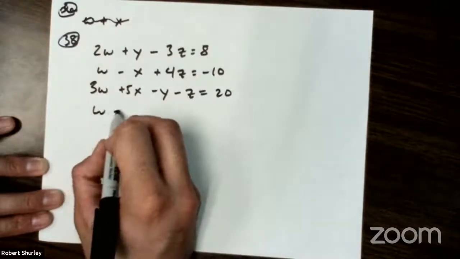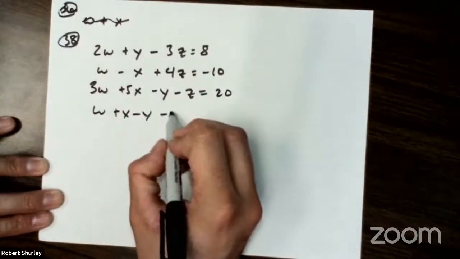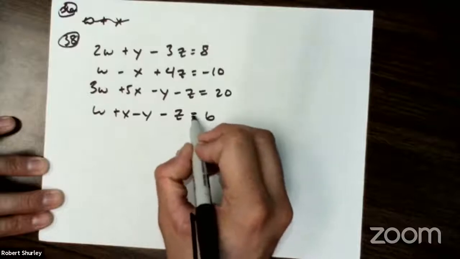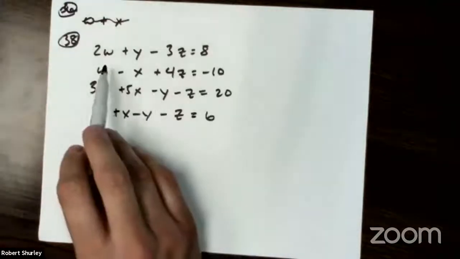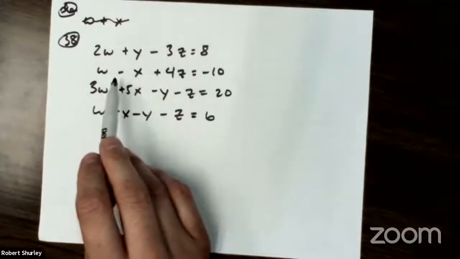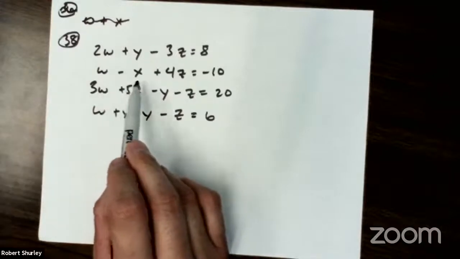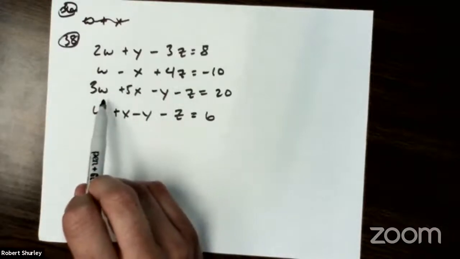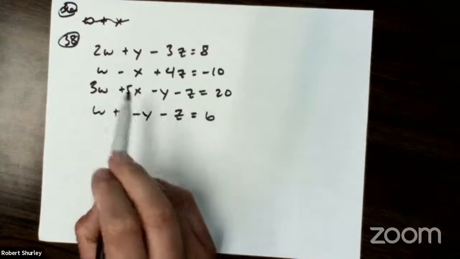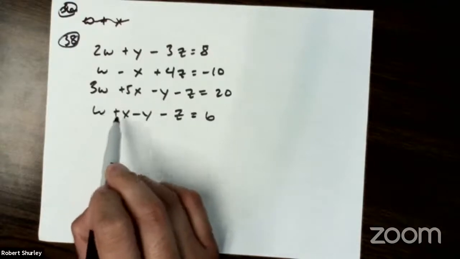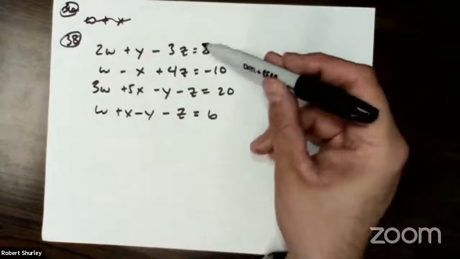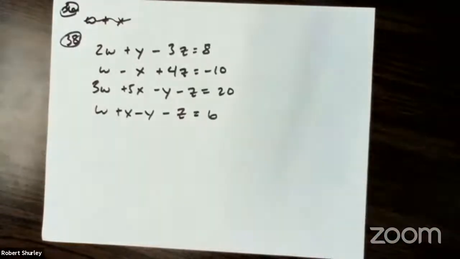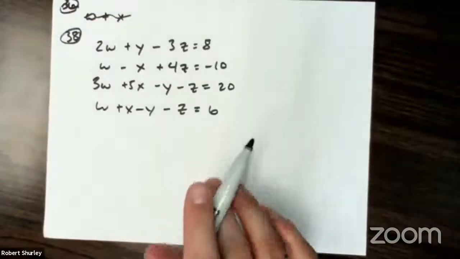And W plus X minus Y minus Z equals 6. I think I wrote that down correctly. Yeah, so we've written this down correctly.